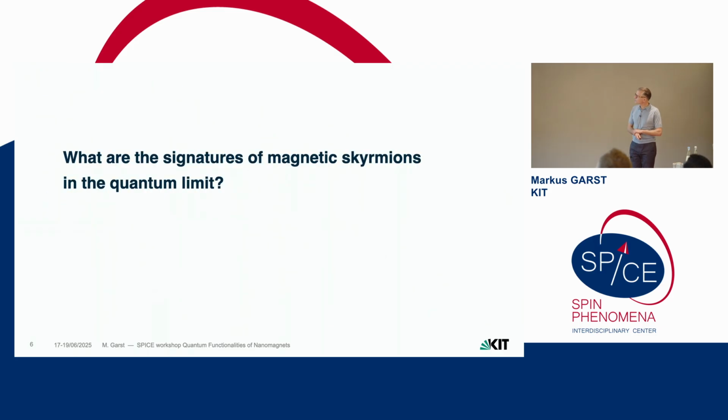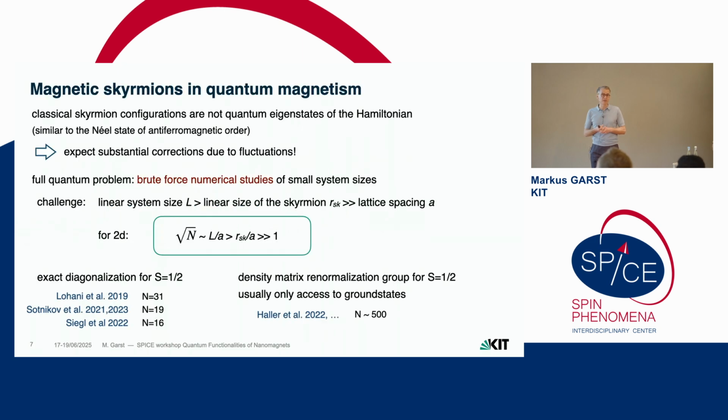Good. But here in this talk I would like to ask the question, what are the signatures of magnetic skyrmions in the quantum limit? Are there actually interesting quantum effects associated with skyrmions? Let me first review an approach to that problem from a very extreme limit in some sense.